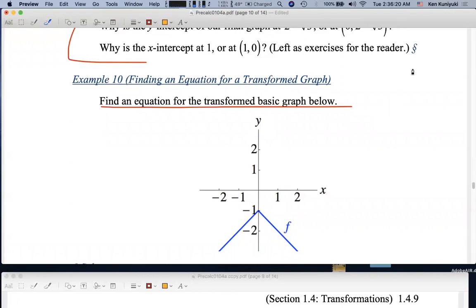I'll give you 30 seconds. Start with which basic graph you'd start with, and then what transformations you would apply. Go.